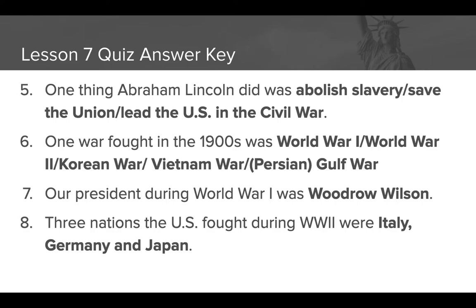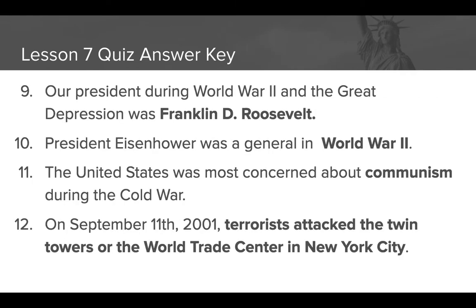And finally for number 8, 3 nations the U.S. fought during World War II were Italy, Germany, and Japan. Okay, moving on to 9. Our president during World War II and the Great Depression was Franklin D. Roosevelt.